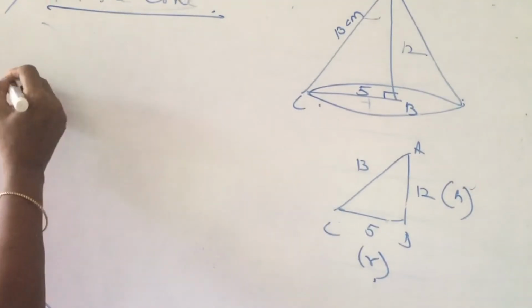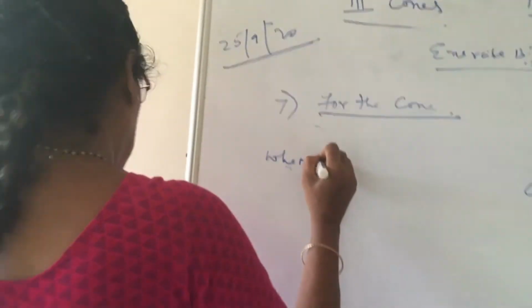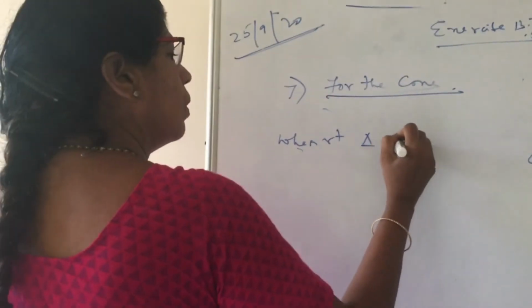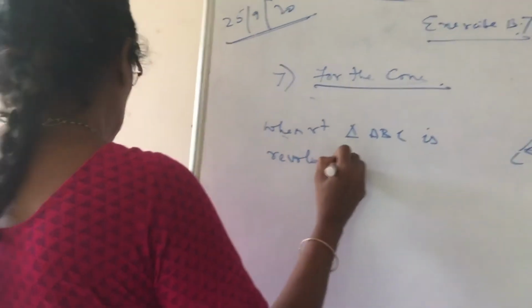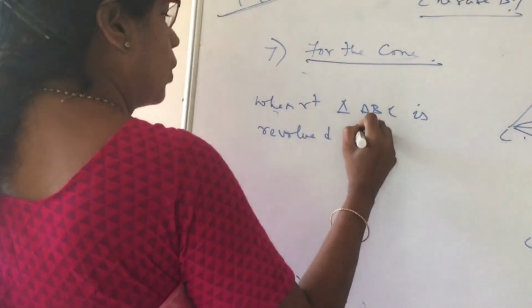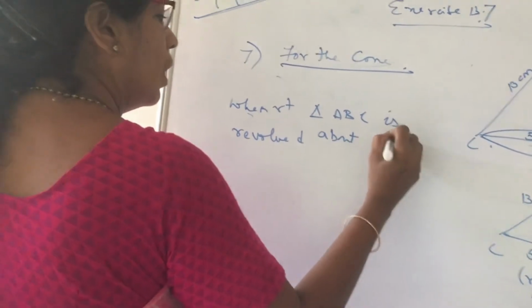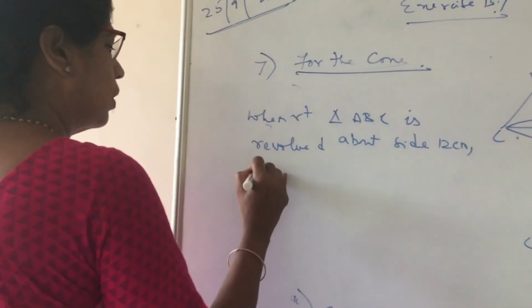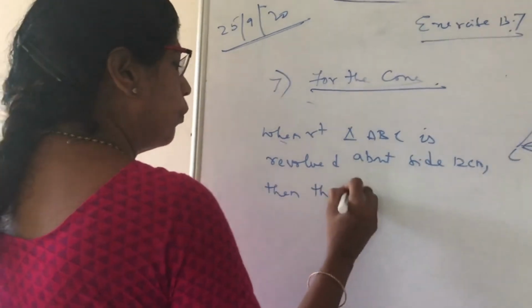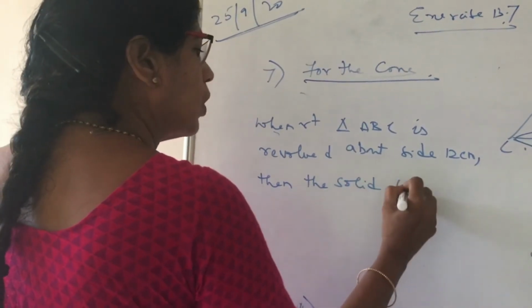Yes, when right triangle ABC is revolved about the side 12 centimeters, then the solid formed is a cone.